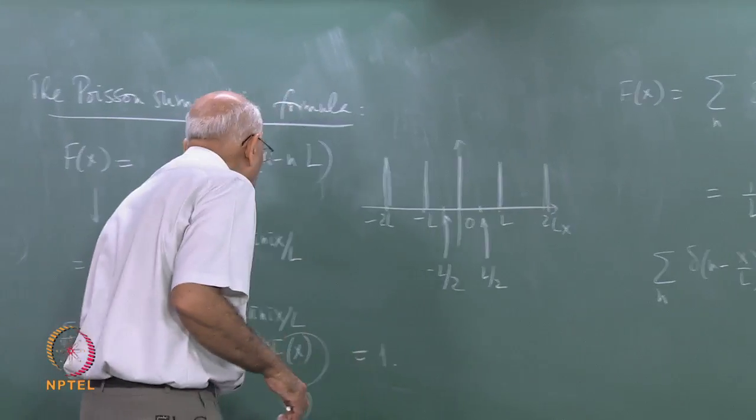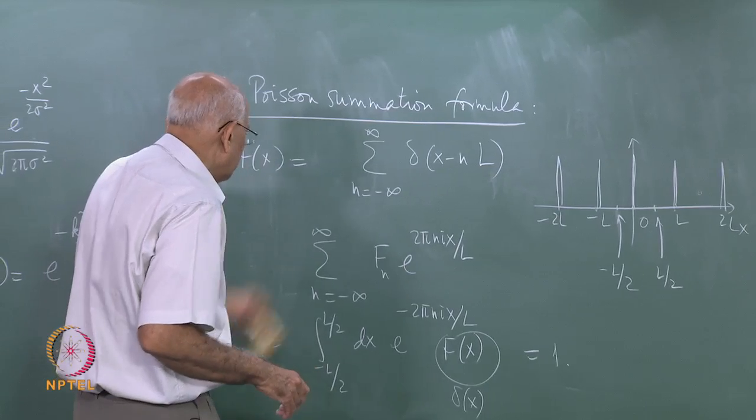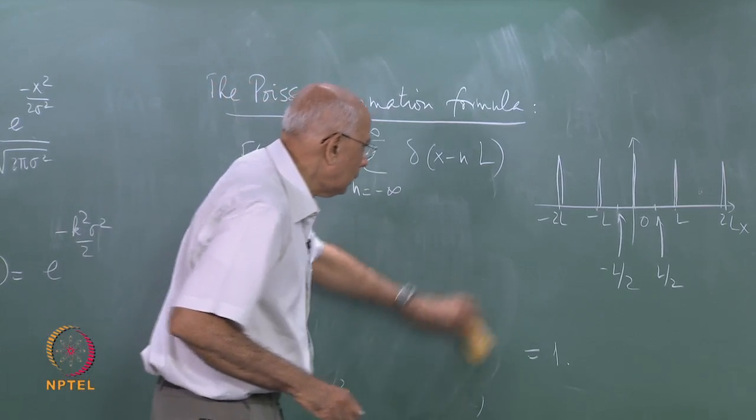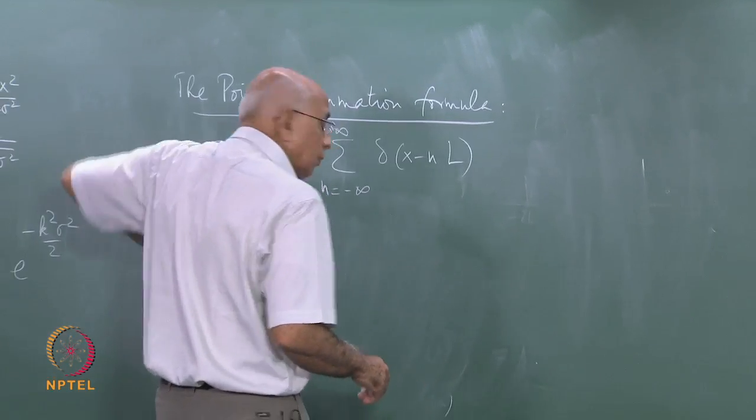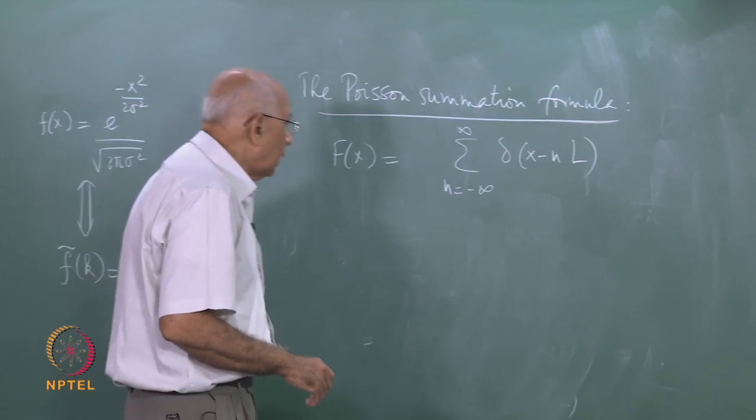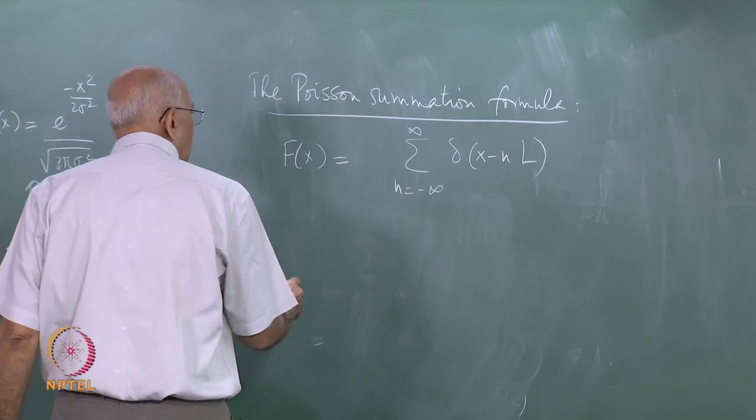Now let us do the following. Let us go back here and say, look, I am going to regard this function f of x as defined from minus infinity to infinity, and let us do its Fourier transform. Then what do I get?